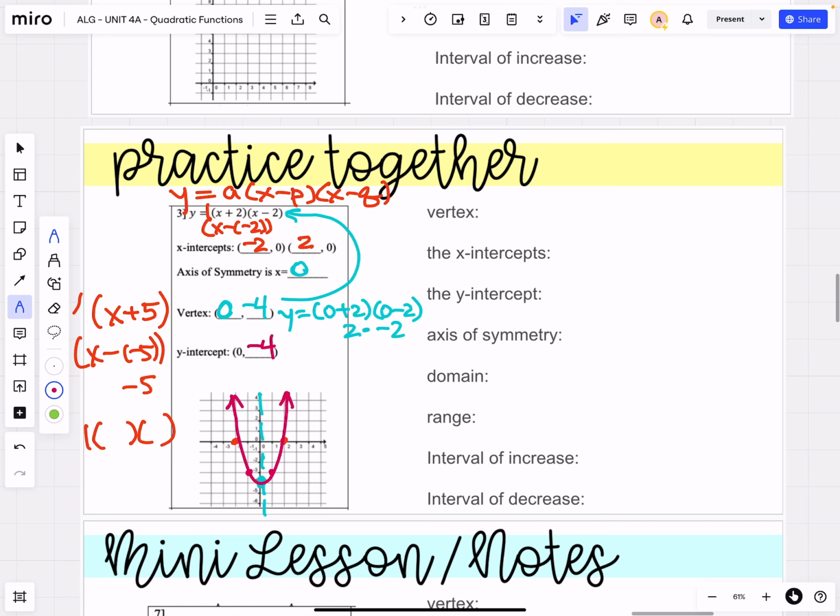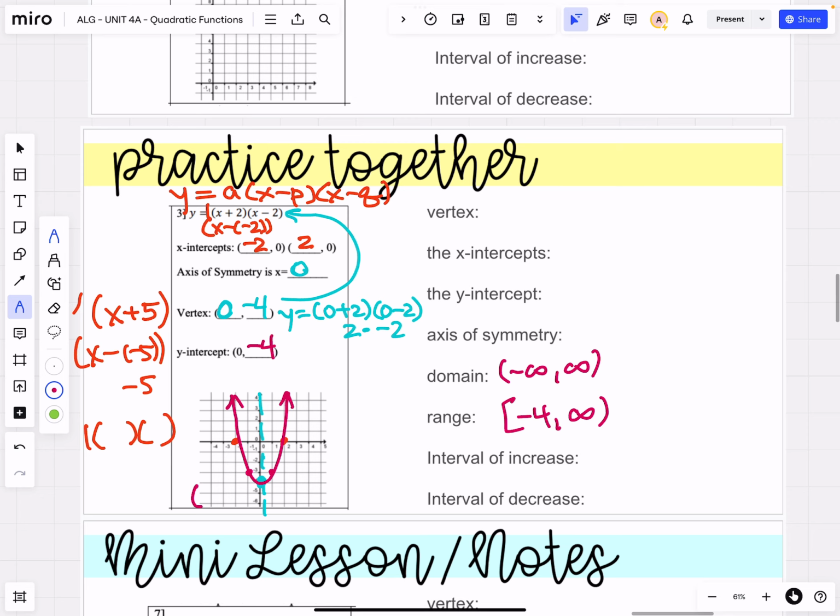All right, hopefully you remember that our domain will be from negative infinity to positive infinity. Looking at this graph, our range will be from negative 4 to positive infinity. Our interval of increase and decrease, well, look at the graph. The axis of symmetry is cutting that graph right down the middle.